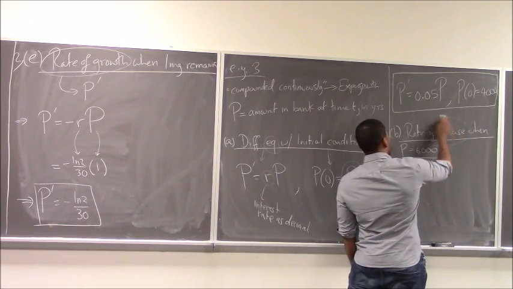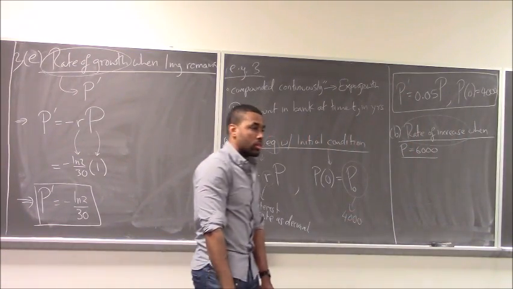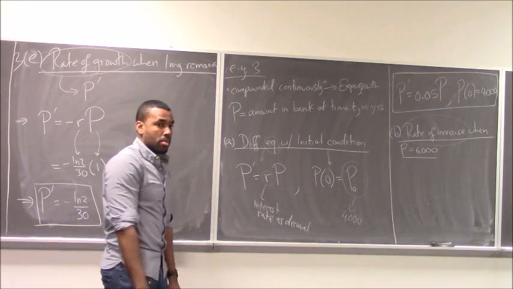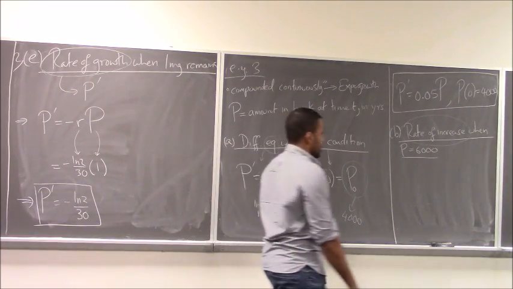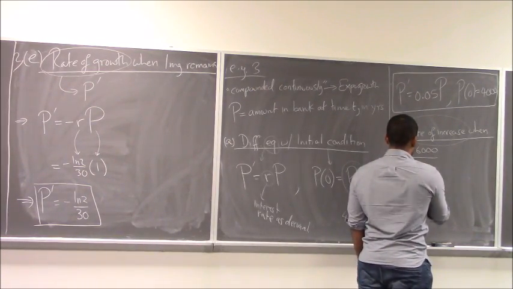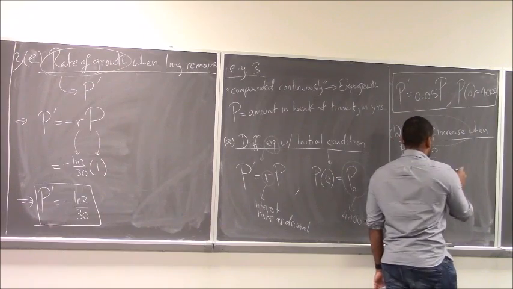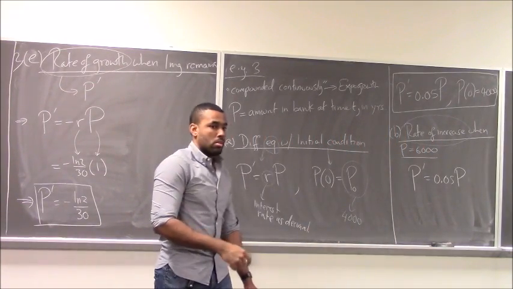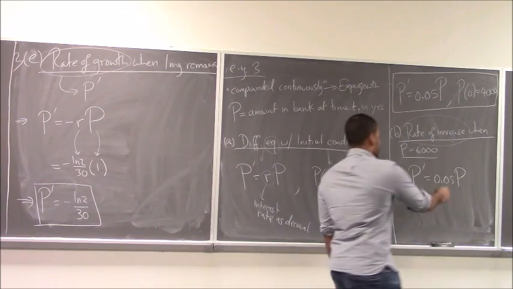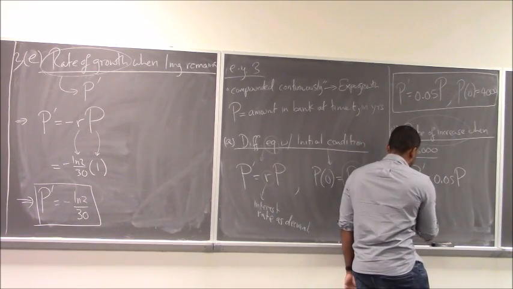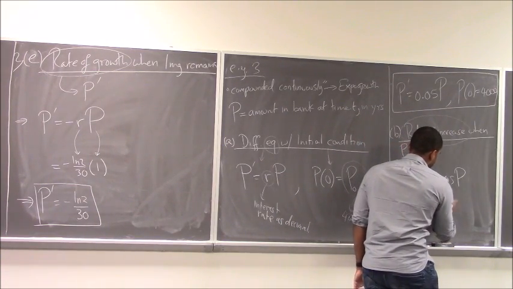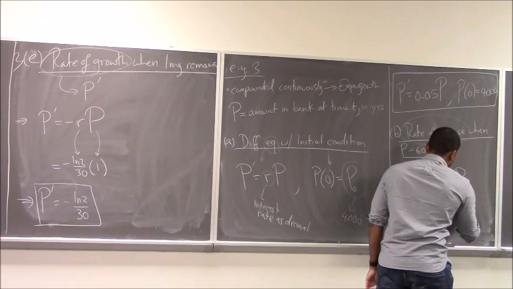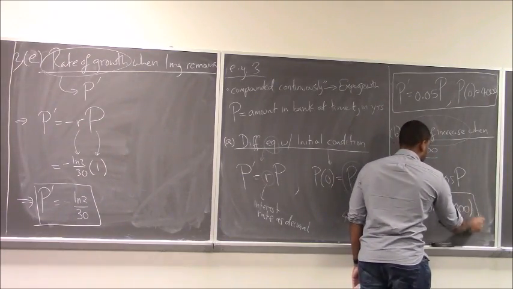What is rate of increase referring to? The derivative. So we're going to use that derivative equation. And what do we plug in? Plug in 6,000 for P, and whatever that is.